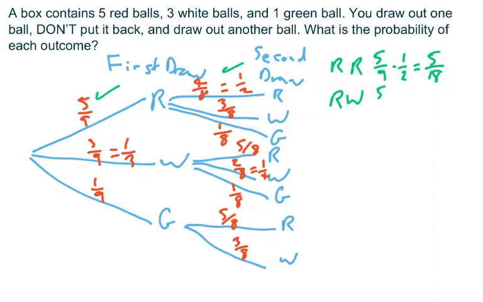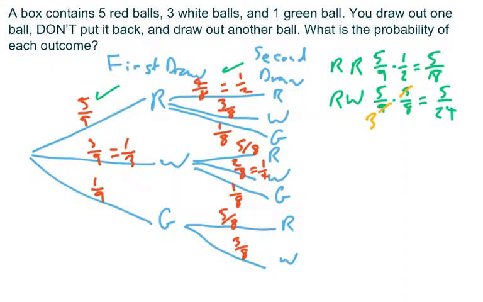The probabilities along that branch of the tree is 5/9 times 3/8. I could reduce that a little bit. Notice that the 3 divides into the 9 3 times, so the product will be more simply 5/24. So that's not so bad.